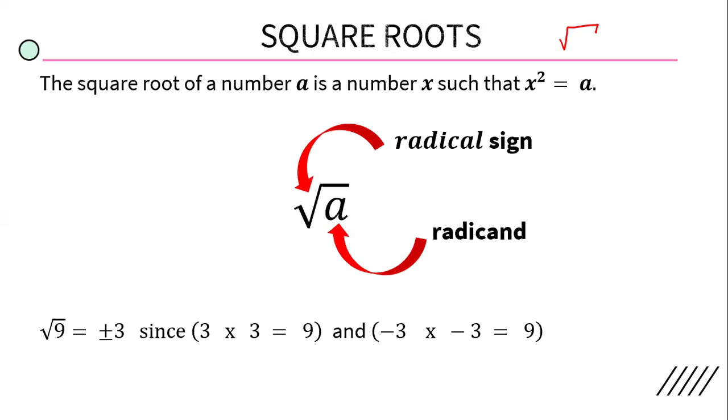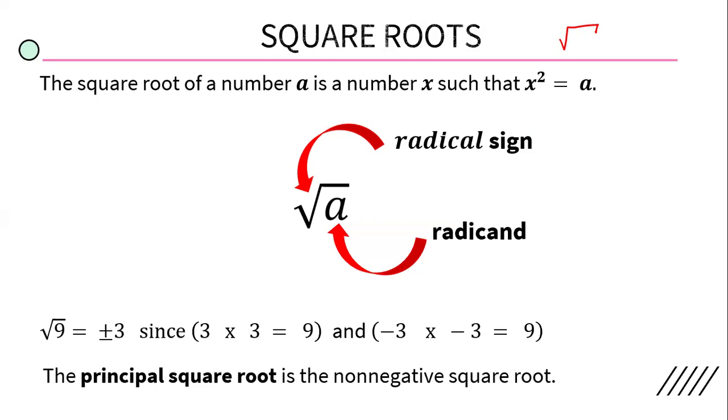However, we use the positive value, that is the absolute value, when we're looking for the square root, unless we're solving an equation, a quadratic equation of some sort. But even then, we still use the positive value if we're dealing with distance. So our principal square root will always be the positive one, the non-negative square root. That's the one we're going to be using.